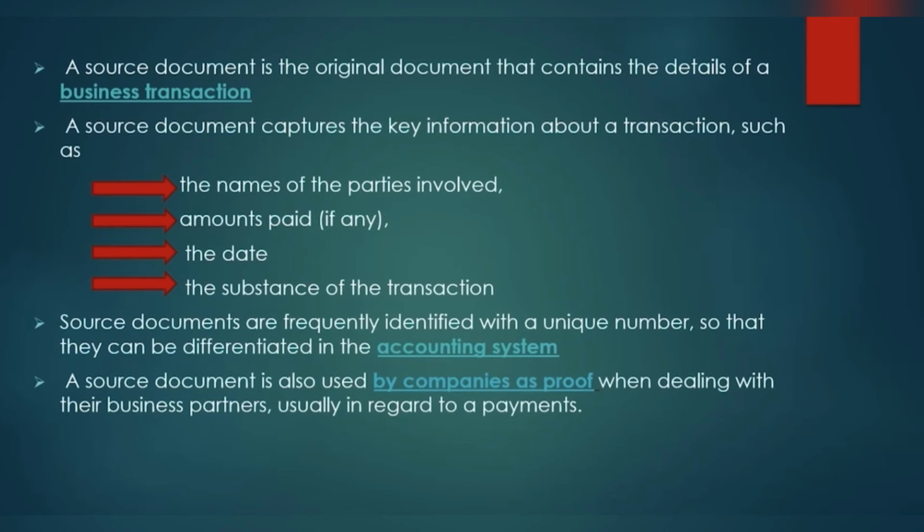Source documents are frequently identified with a unique number so that they can be differentiated in the accounting system. A source document is also used by companies as proof when dealing with their business partners, usually in regard to payments.